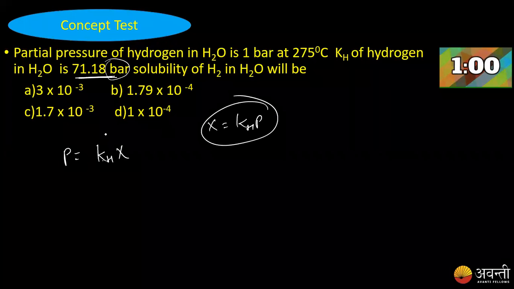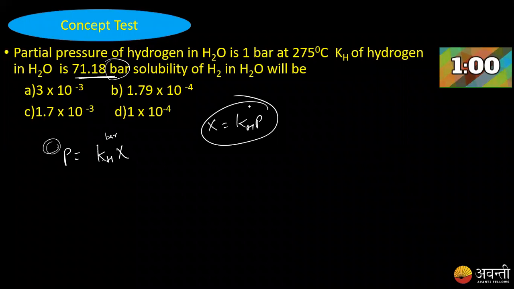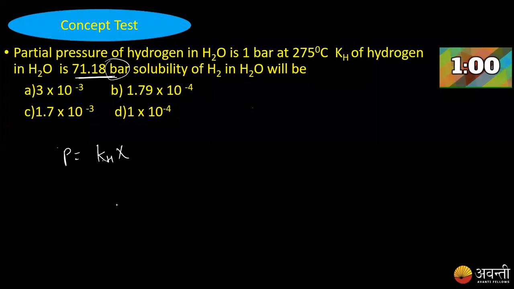So if there is a unit of pressure on one side, there should be a unit of pressure on the other as well. It cannot be bar into bar because the mole fraction is unitless, and then the mole fraction would become bar squared. That's not possible. That is why we are using this expression.